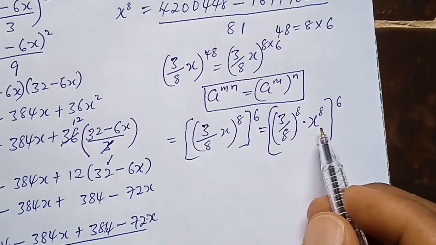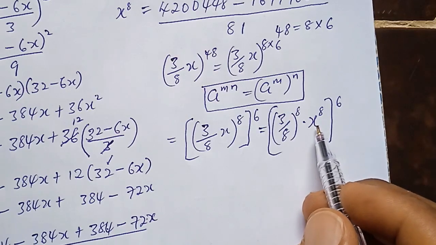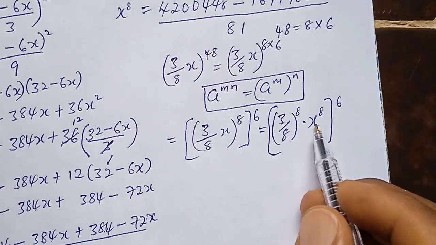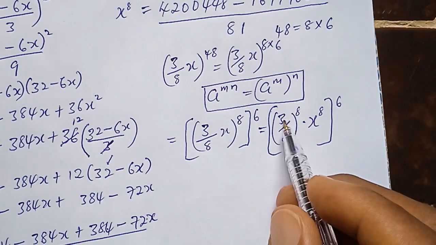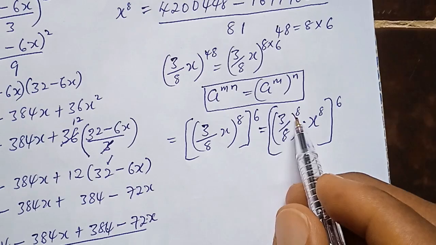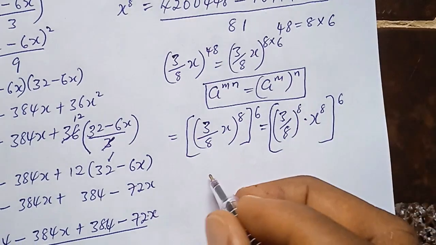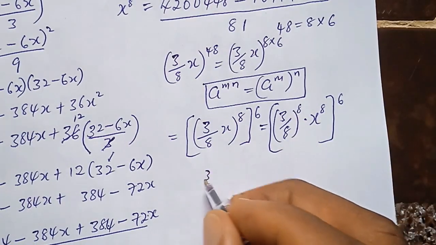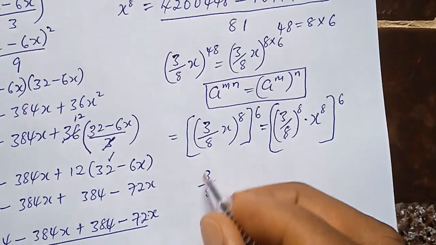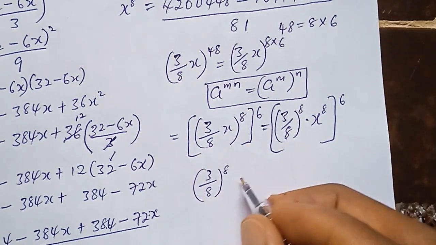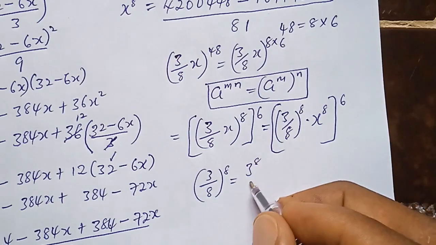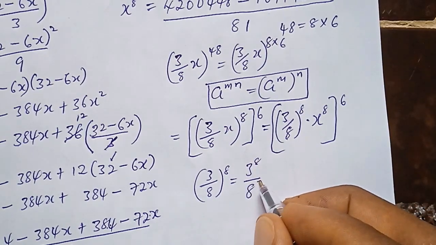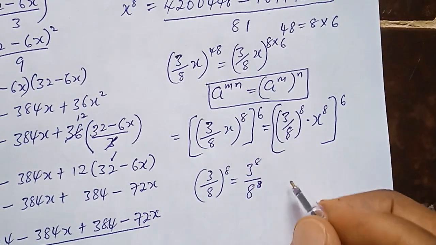So here we already computed the value for this x raised to power 8. Then we need to simplify this. So let's go ahead and simplify 3 over 8 raised to power 8. So 3 over 8 raised to power 8 can be written as 3 raised to power 8 over 8 raised to power 8.